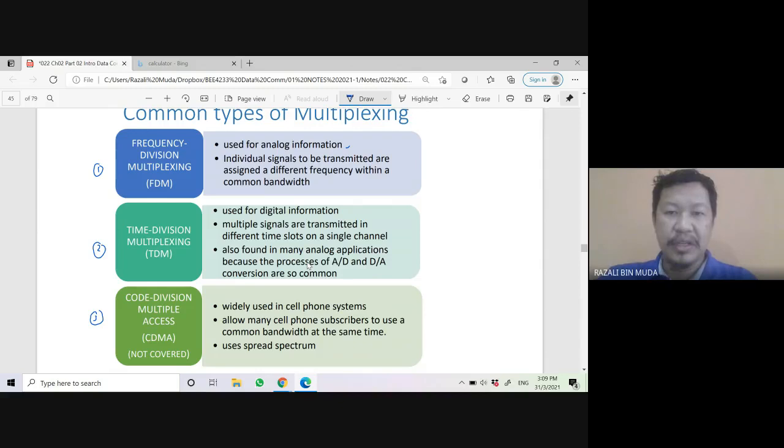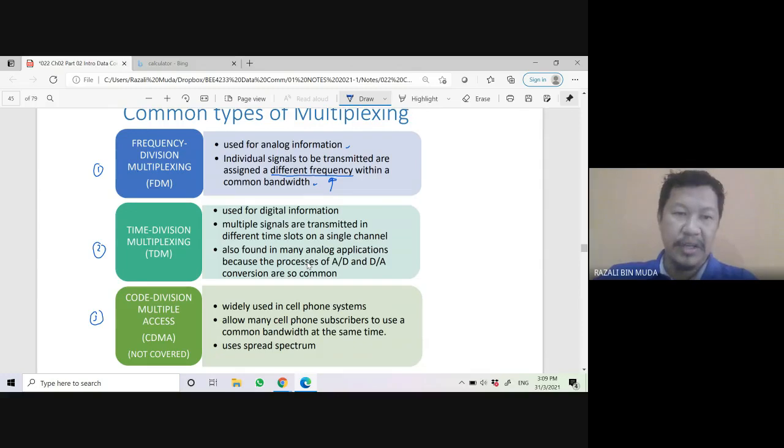Individual signals to be transmitted are assigned a different frequency within a common bandwidth. So that is the brief description about FDM. See the word frequency. They call it frequency division multiplexing.